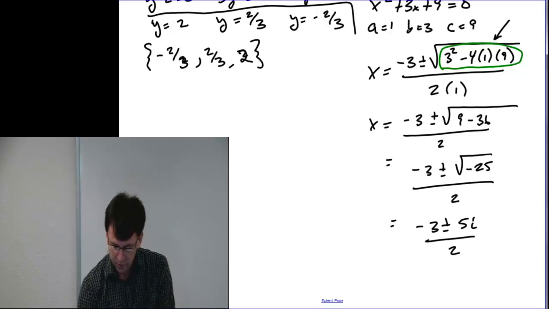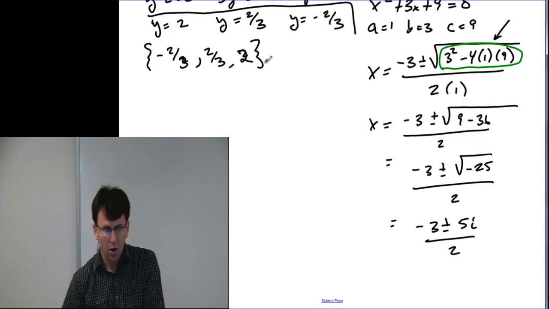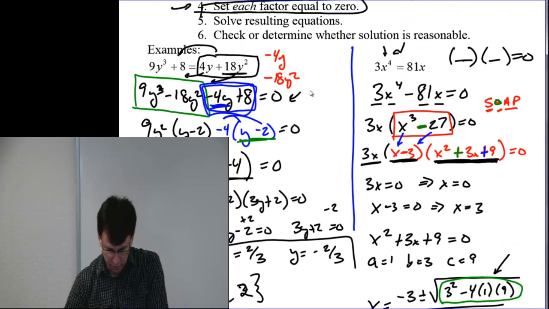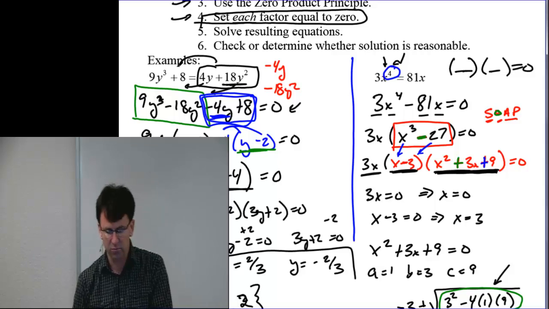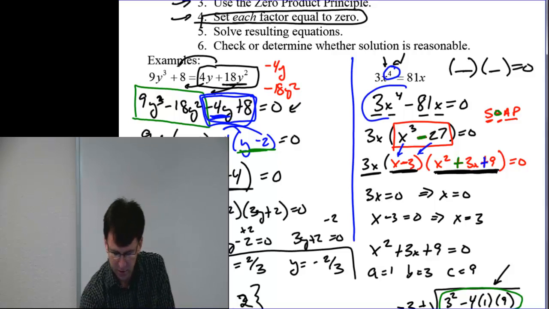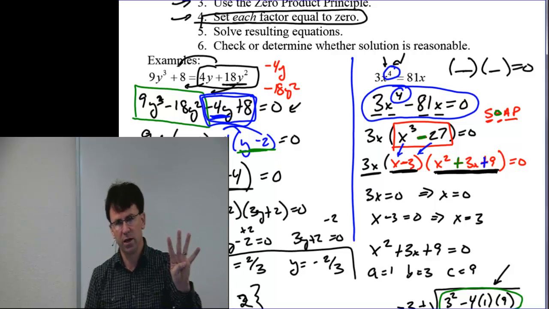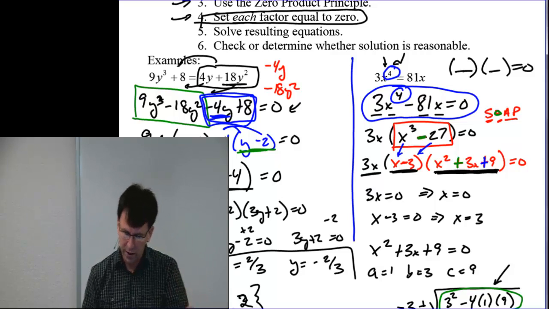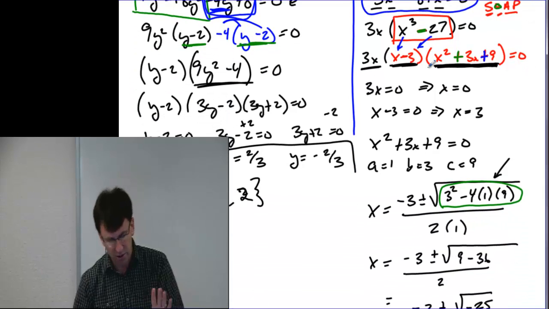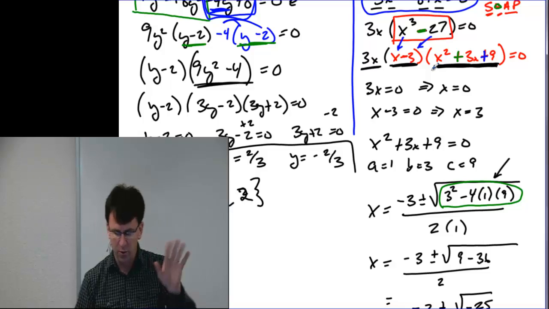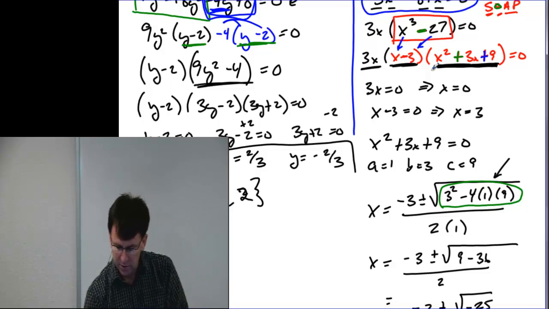Now, the thing to note here is that all polynomial or higher degree equations will have a number of answers that is relative to the degree. If it's to the 4th degree, there'll be 4 answers. Sometimes you get the same answer twice, but I should be able to find 4 answers in my work.